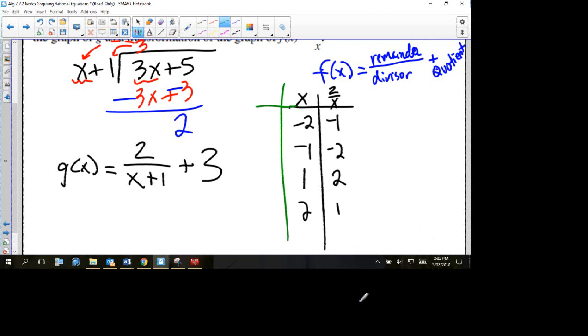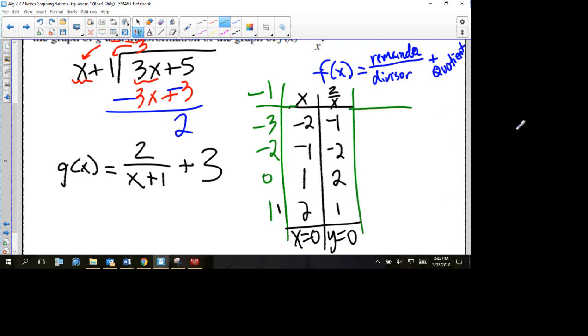Oh, I forgot my asymptote. Okay, what am I going to do to my x's? I'm going to subtract 1. So -3, -2, 0, 1. And then what do I do to my y? Add 3. So we have 2, 1, 5, 4.